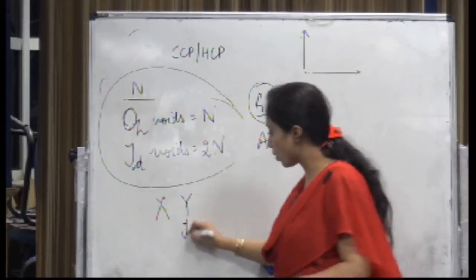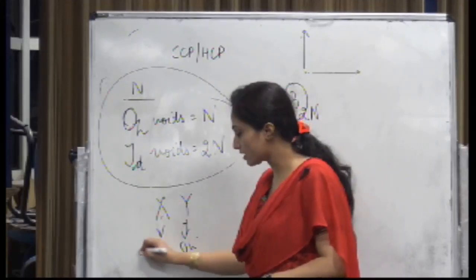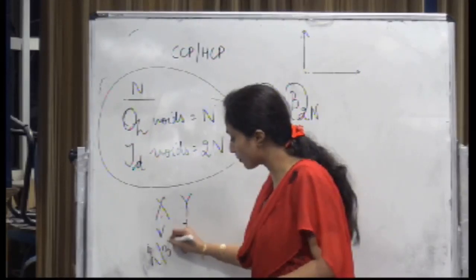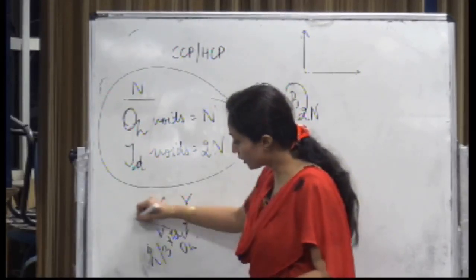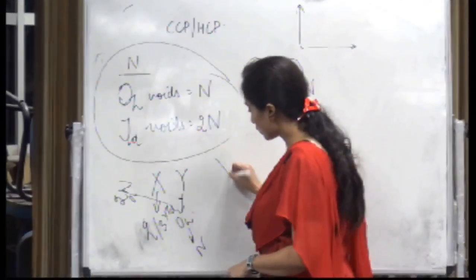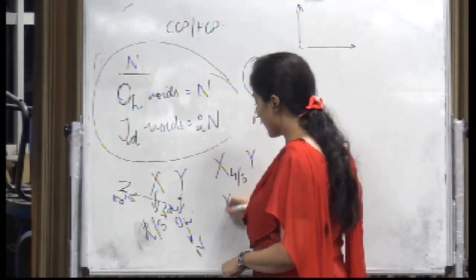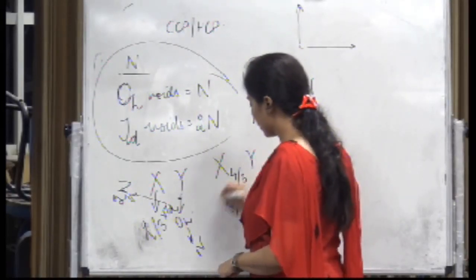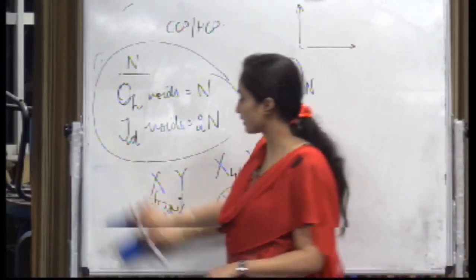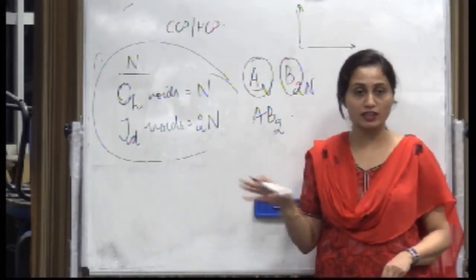I know tetrahedral voids are 2n, octahedral voids are n. So this will be X of 4/3 Y. So that will be X4Y3. Clear? This way you can actually get the formula of the compound just by knowing the arrangement of the atoms of any particular compound.